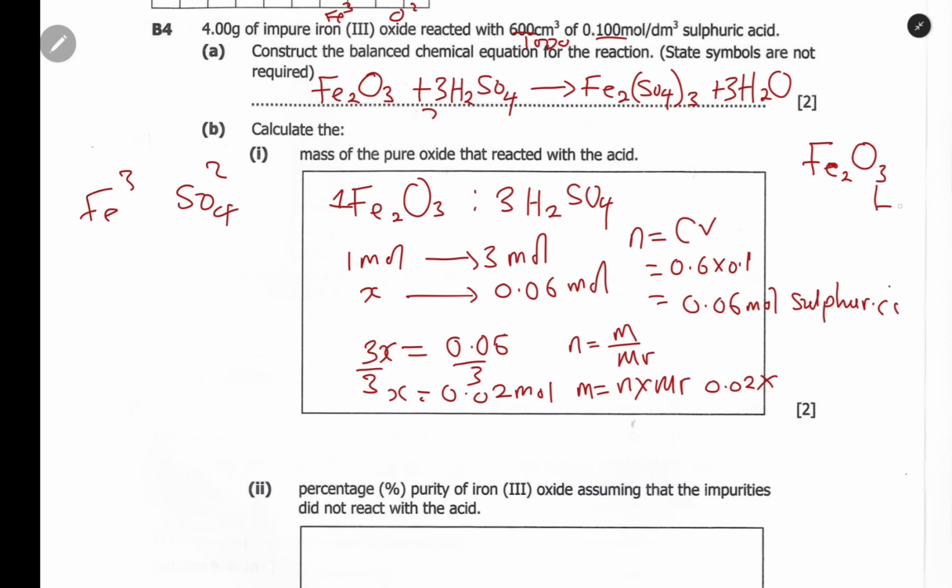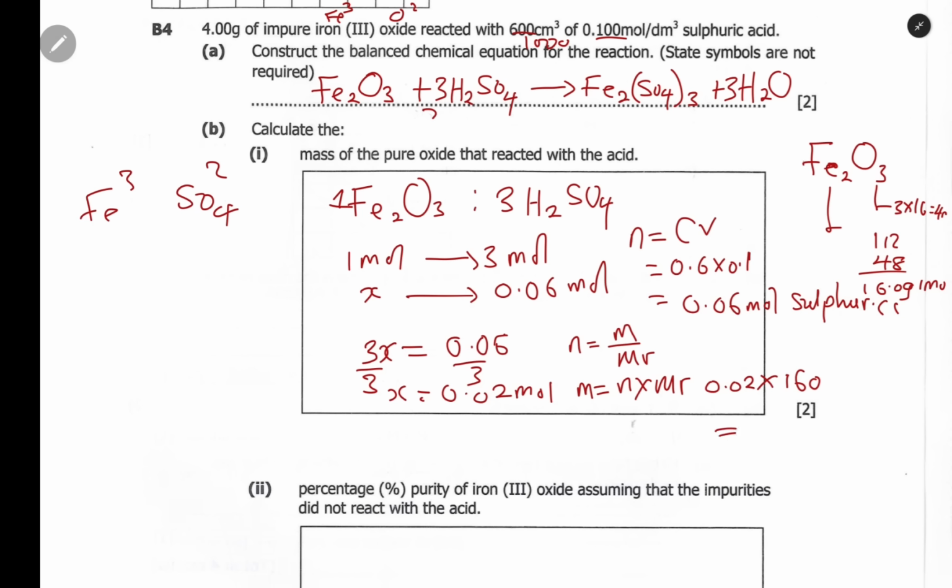This is 3 multiplied by 16, which is 48. Then one iron is 56, but there are 2 of them, so 56 times 2 is 112. So 112 plus 48, what is the total? 160 grams per mole.